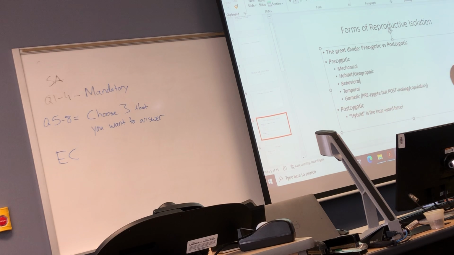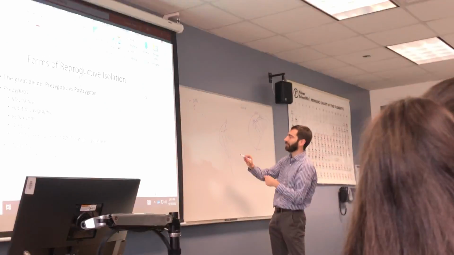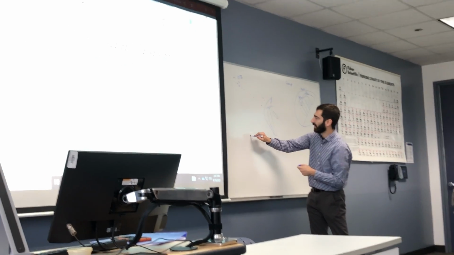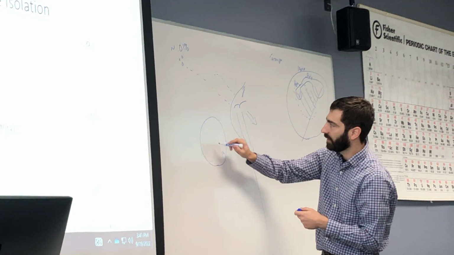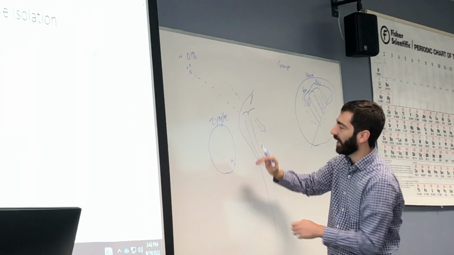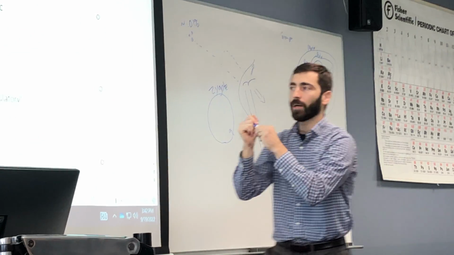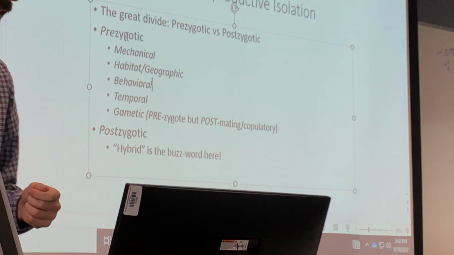We'll get more into the details in later modules, but this point is key, where you can have reproductive isolation form up until the point where the sperm fertilizes that egg and forms the zygote, right? So if it happens before this point, we call it a pre-zygotic form of reproductive isolation. If it happens after, it's post-zygotic.